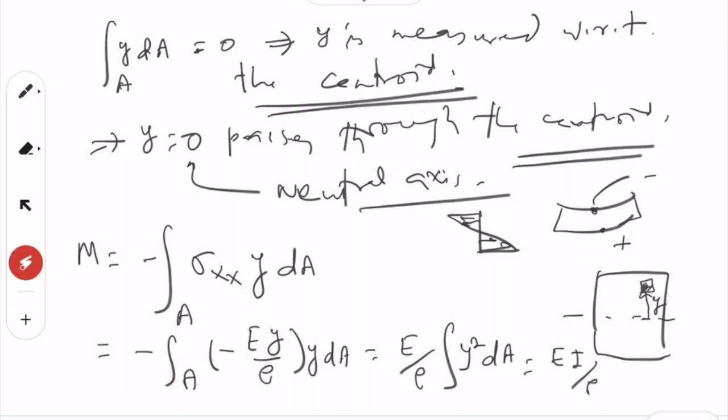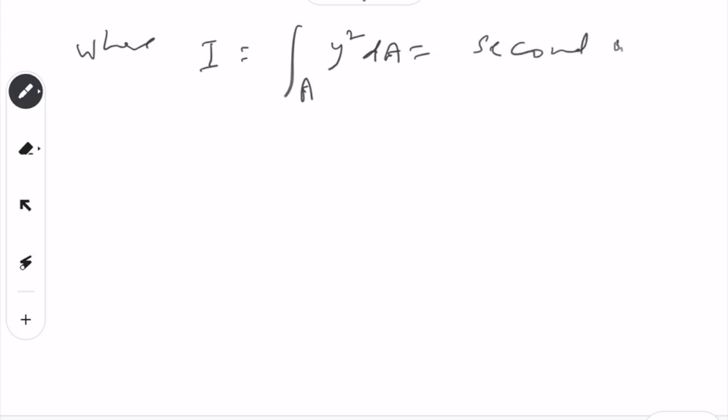What is I? I is the integral over the area of y square dA. This is the second moment of area, also known as moment of inertia. This is not mass moment of inertia, this is area moment of inertia.